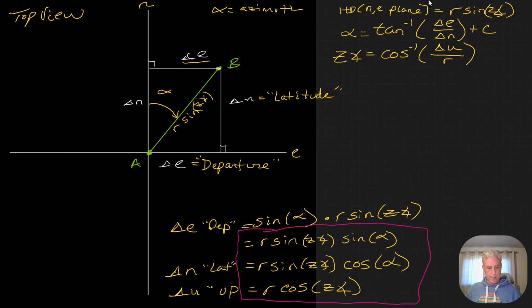And finally r would be equal to the square root of the change in the easting squared plus the change in the northing squared plus the change in the up squared, right? Nothing new there, just a distance formula.